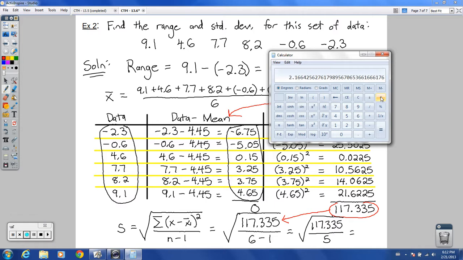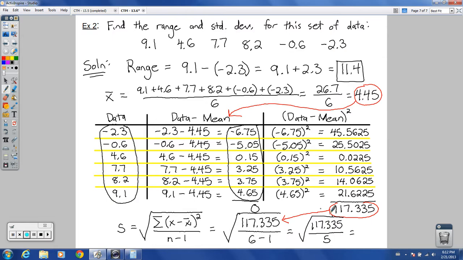That is not the correct thing to do. That would give you 2.166. The correct thing to do first is to take 117.335, divide it by 5, and then take the square root of that number. So the square root of that number is approximately 4.84. Let's change that sign to approximately.